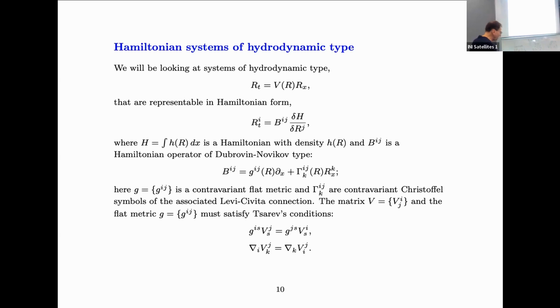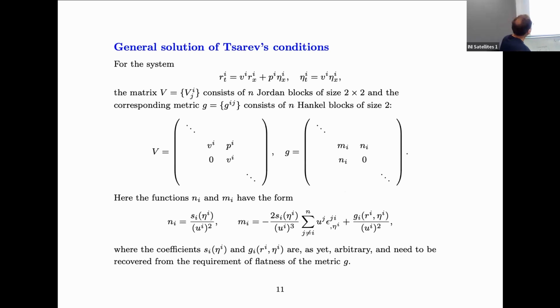So remarkably, for this cold gas reduction, Tsarev's conditions can be explicitly solved. In fact, everything that is related to the kinetic equation for soliton gas can be explicitly solved somehow, almost in quadratures. So let me show you.